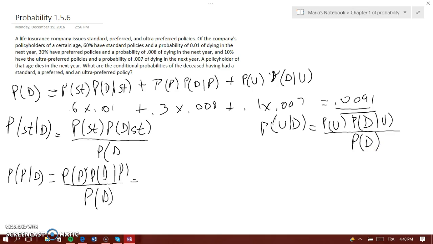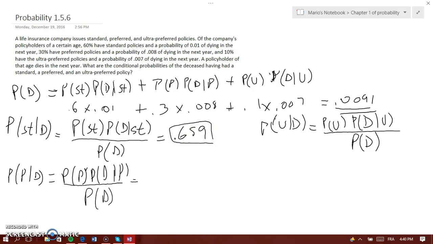So now the probability that you had the standard times the probability of dying given you had standard is 0.06 times 0.01 over 0.0091. That would be equal to 0.659.